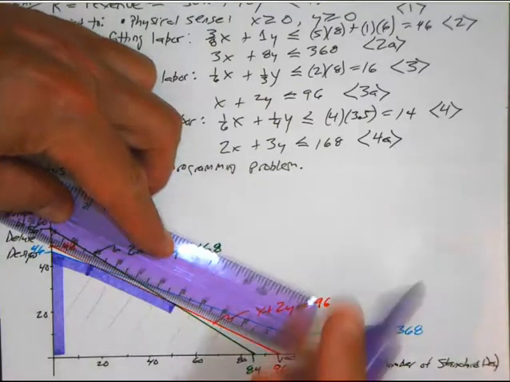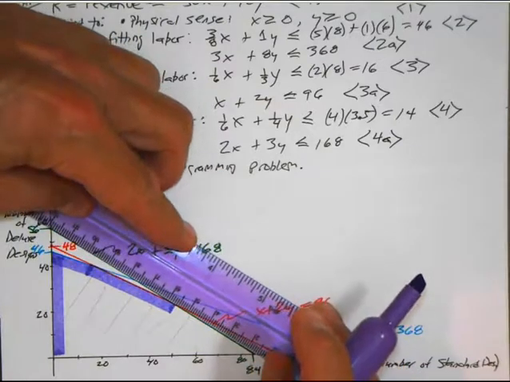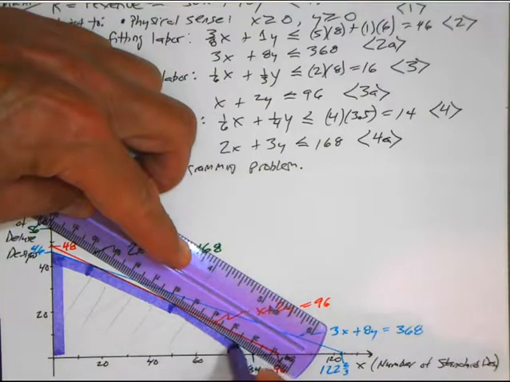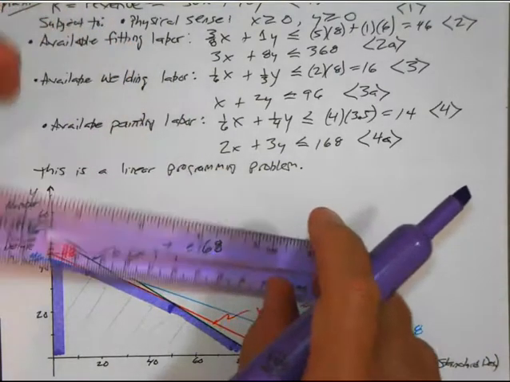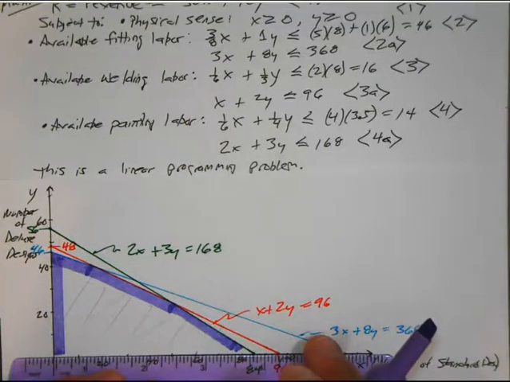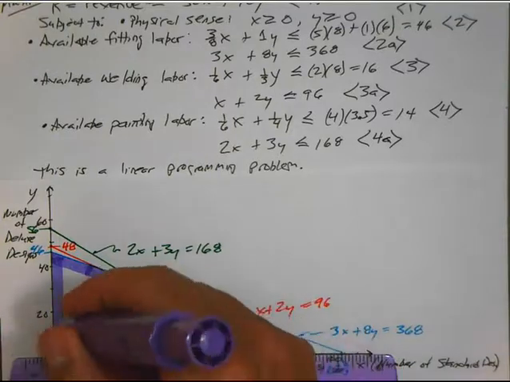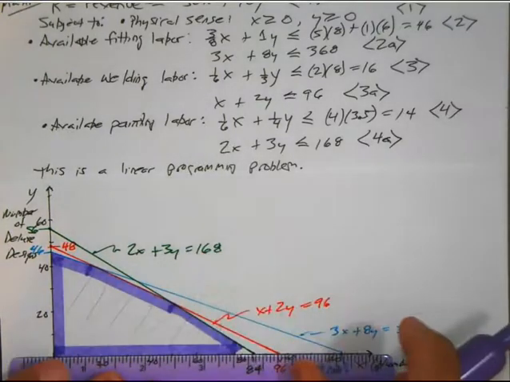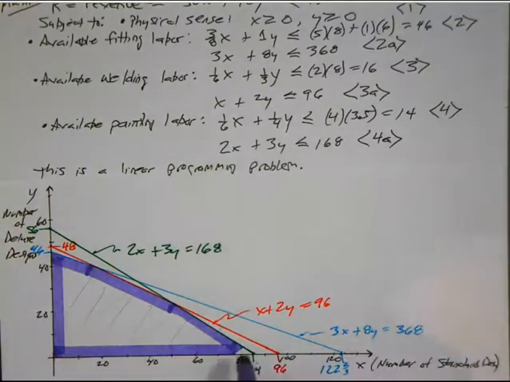Okay, then it's the green line that forms the boundary right there, and of course the x-axis is one of the boundaries.